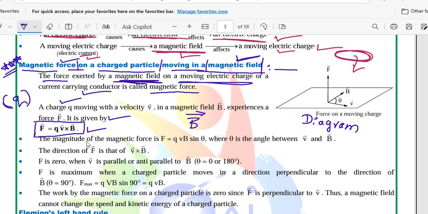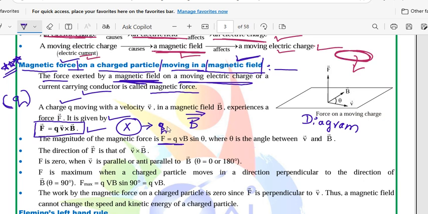Now, if you write the magnetic force in terms of magnitude, if you remove this cross, you will get sine theta.